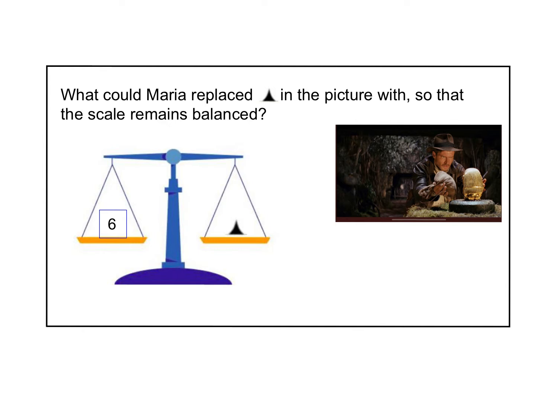Hopefully, you said that we could replace it with a block that also had a value of 6, because as long as they're the same, the balance would be the same. Now, we could also use anything that has a value of 6, meaning I could have also put in 2 blocks that have a value of 3, because those together would also equal 6.